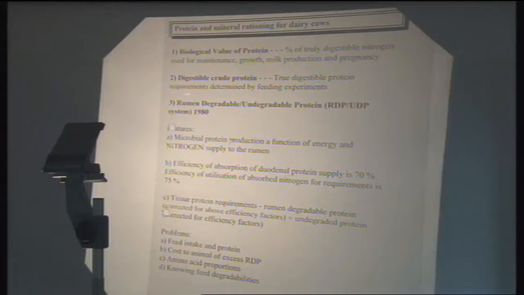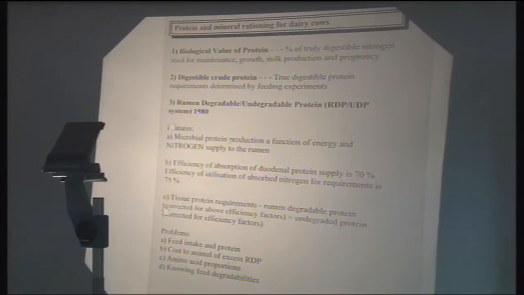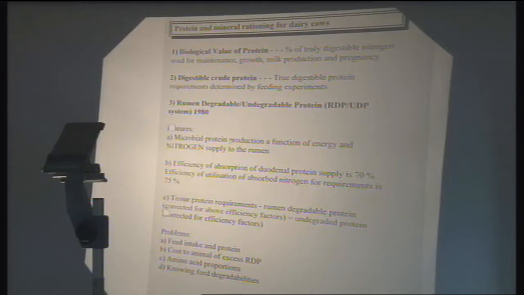That was replaced by the DCP, or digestible crude protein system, which ran for many years, a very workable system, and it was based on feeding experiments, but it is actually the digestible protein.